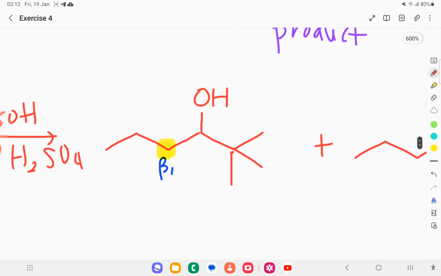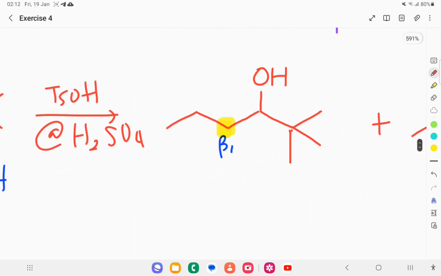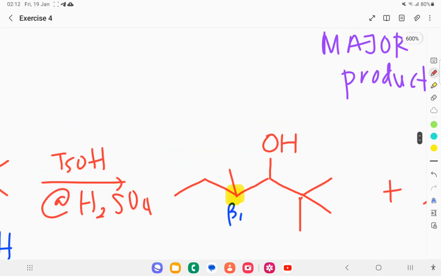Okay, we will do the same thing as the previous question. We will remove 1 hydrogen atom from the beta carbon and the OH from the alpha carbon, and then the double bond forms here.